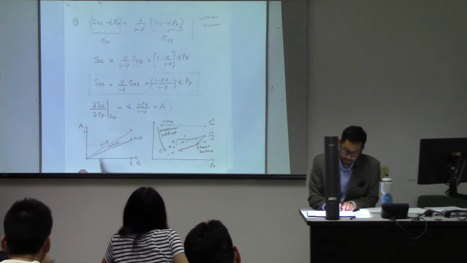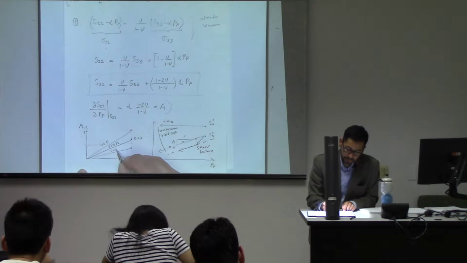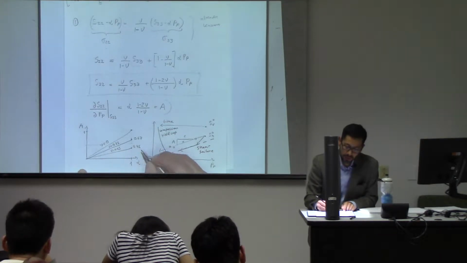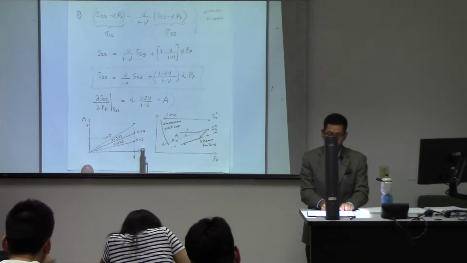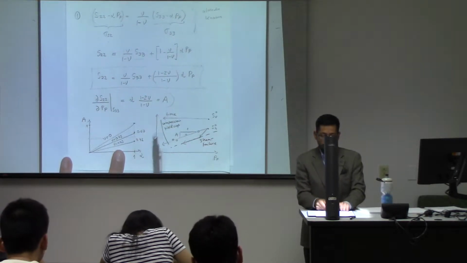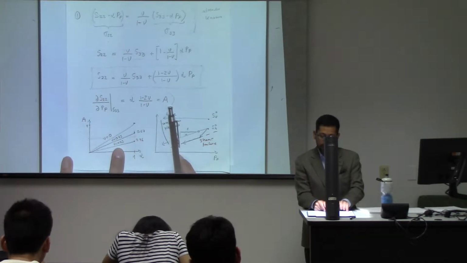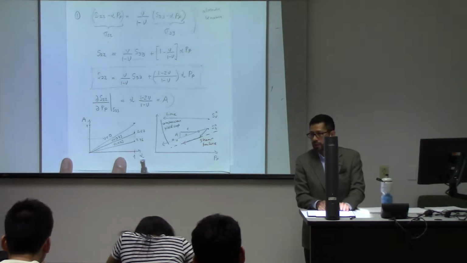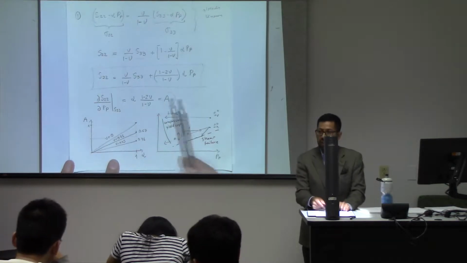And if you have a bigger Poisson ratio, this one is going to decrease. So the bigger the Poisson ratio, the smaller the coefficient A, and also the larger the Biot coefficient, also the larger the coefficient A.